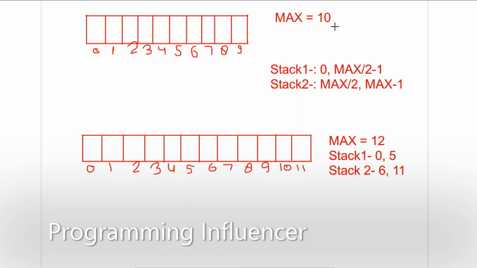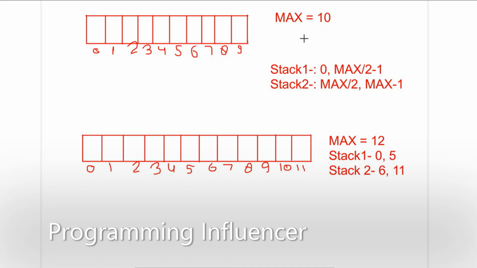For the implementation of two stacks, we can divide the array into two equal halves so that we can put all the elements of both stacks. We can divide our array in such a manner that stack 1 elements will be pushed from 0 to max divided by 2 minus 1.